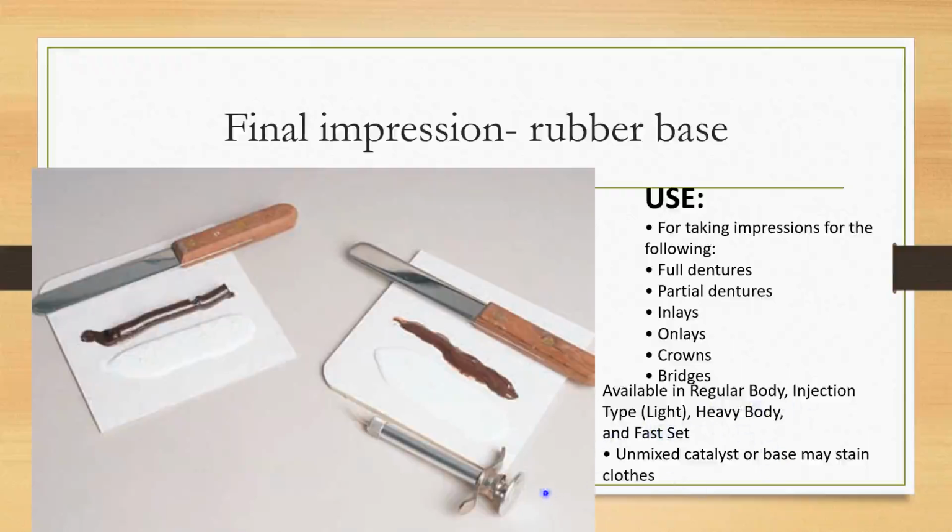And it comes in 2 types: the catalyst and the base. But you have to be careful because the base usually stains clothes, so be careful when handling it and when placing it close to the patient, because if it drops on the patient's clothes, you may stain them.